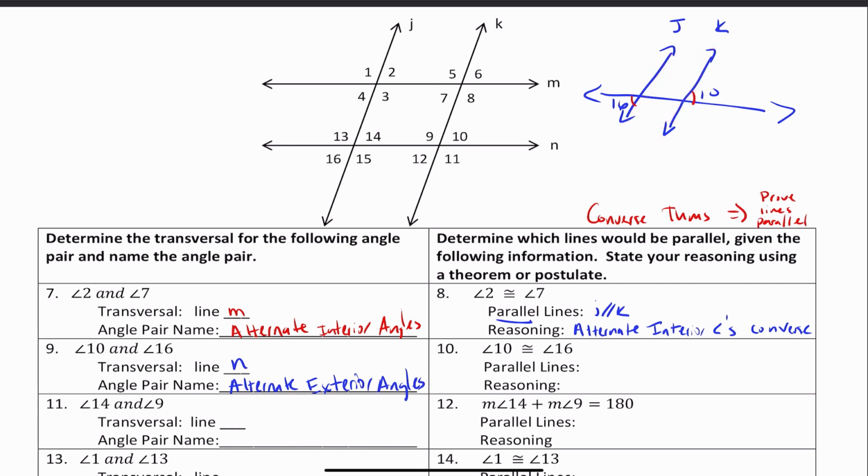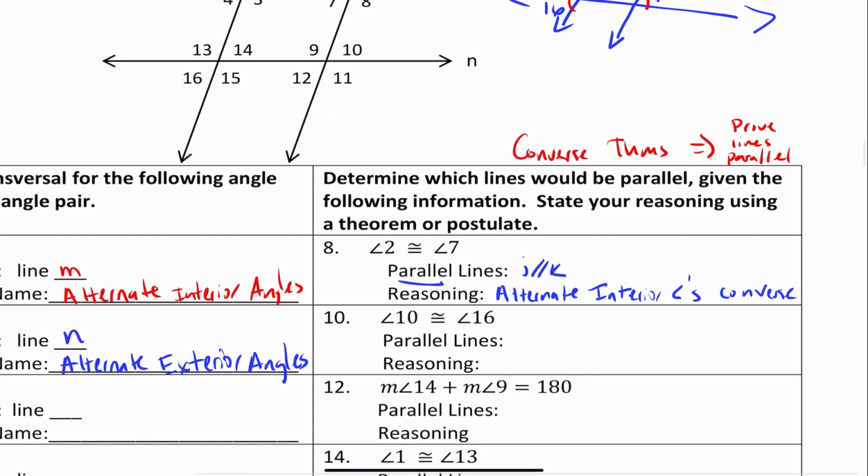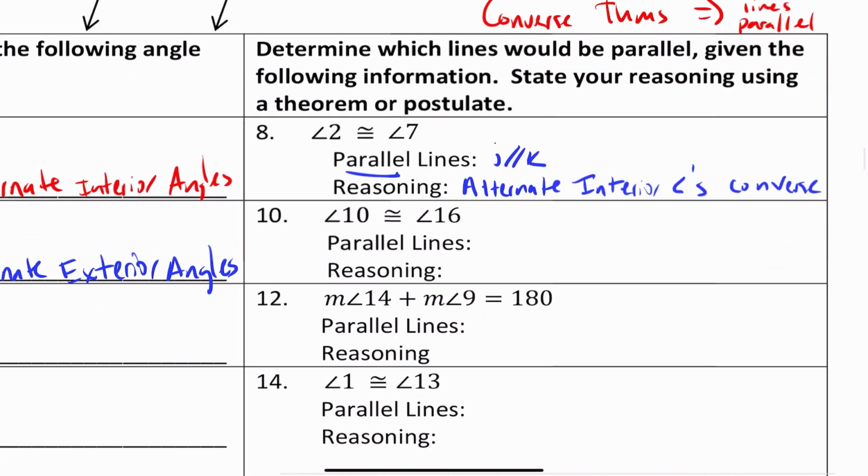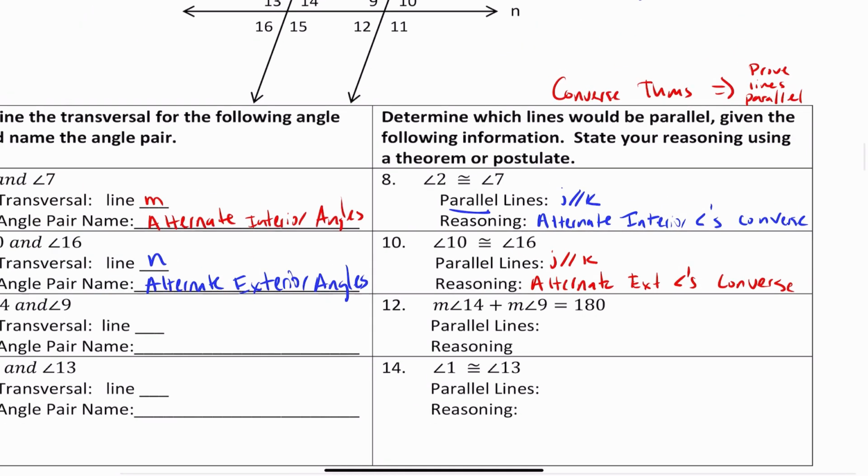So if that's the case, then these lines are now parallel by the converse theorem. So the parallel lines in this case are J and K. So I write J is parallel to K. Oops, I meant to write it over here. And the reasoning would be alternate exterior angles converse. Okay?